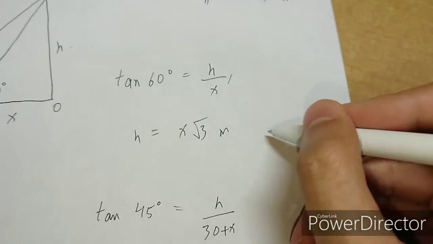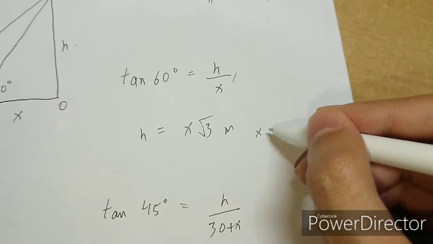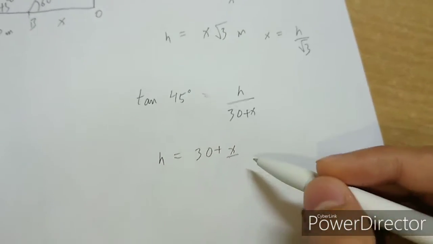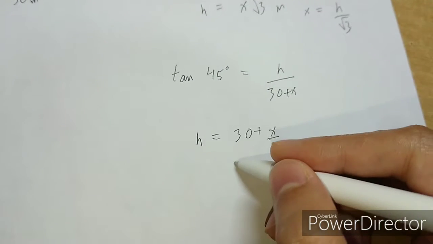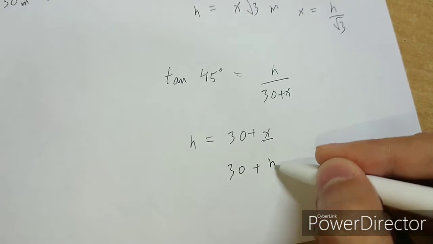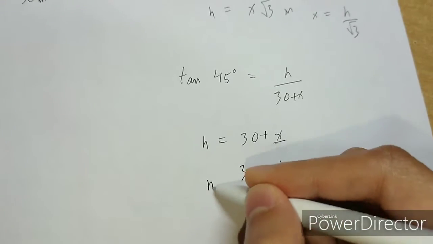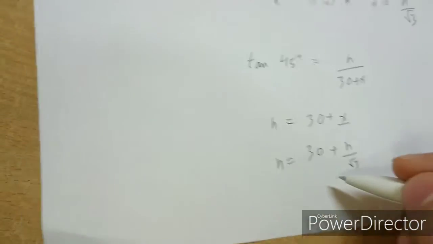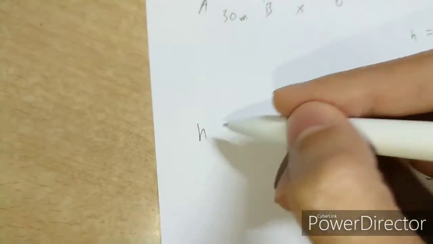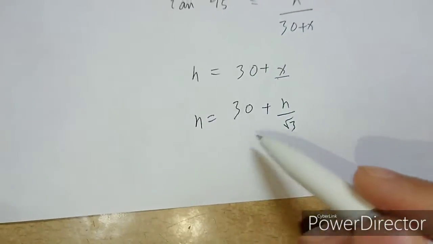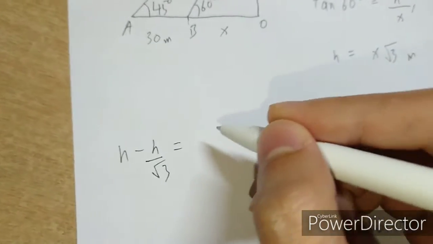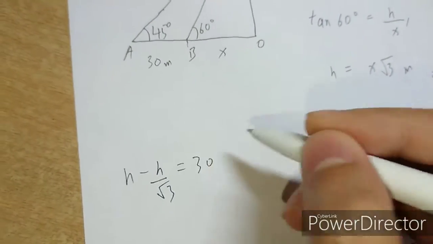From this we can see that x will be h over root 3, and if I put the value of x here, 30 plus h over root 3, then I can solve this for h. Let me do it here. I can take this h over root 3 to this side of the equation. h minus h over root 3 equals 30.